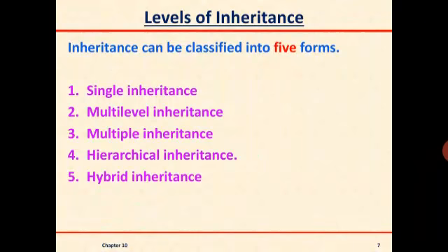Now let us learn the levels of inheritance. Levels means the types of inheritance. Inheritance is basically classified into 5 different categories. First one is single level inheritance, which you have just learned. Then multi level inheritance, multiple inheritance, hierarchical inheritance, hybrid inheritance.